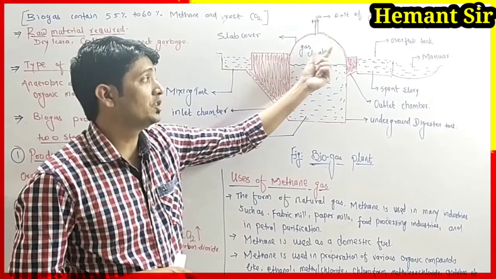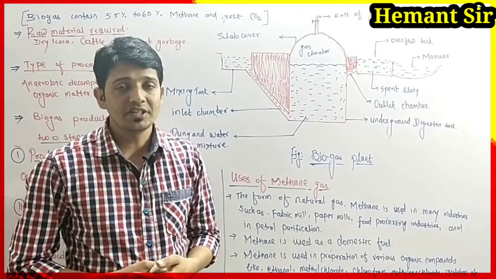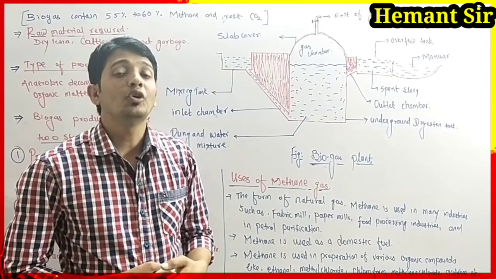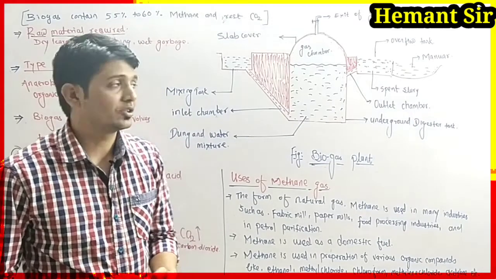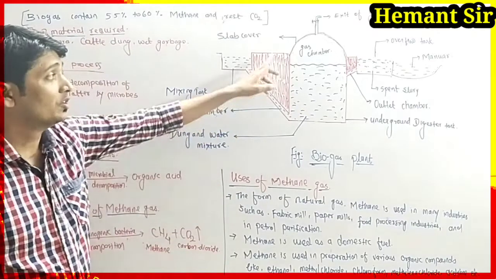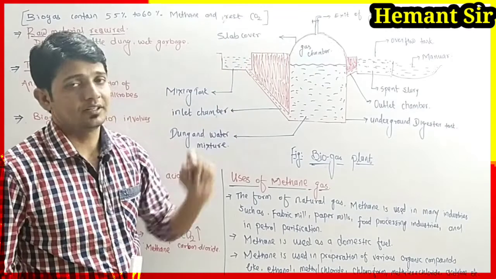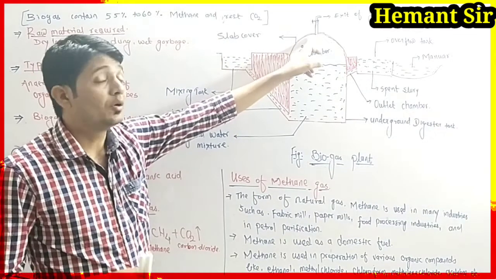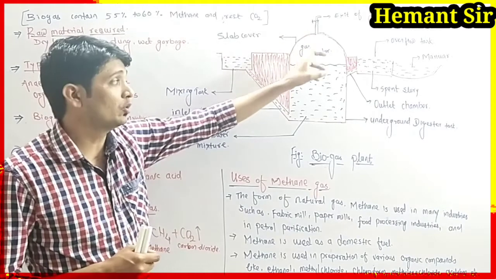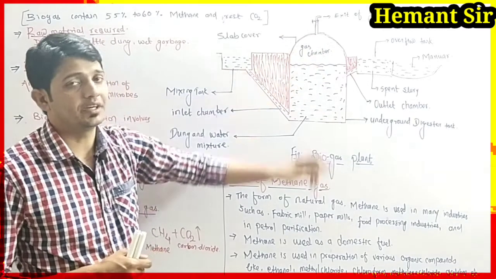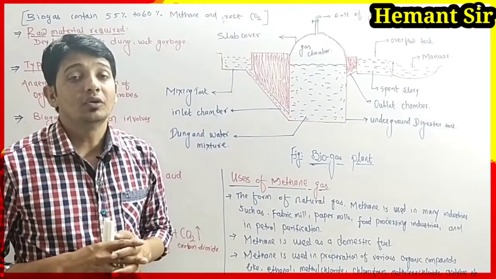The gas produced in the tank is then used for different purposes, in industries or for domestic purposes like cooking. This is the top of the tank, called the slab cover. It is an airtight tank used to collect the methane gas. So this is how the biogas plant works.